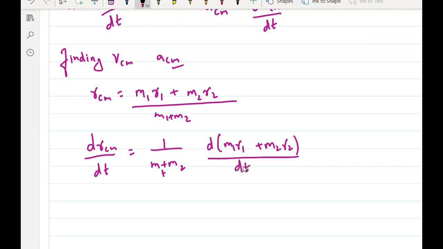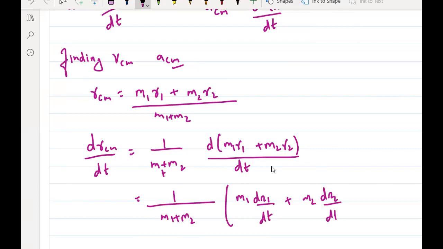Yes or no? Then I hope all of you know the second property of differentiation. This is M1 plus M2 into M1 dR1 by dt plus M2 dR2 by dt.